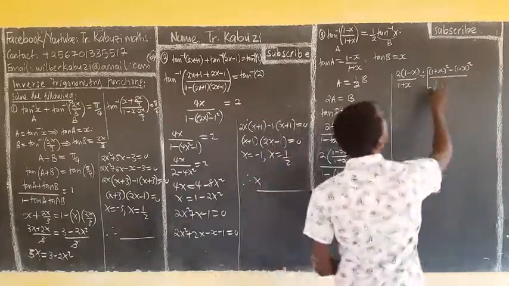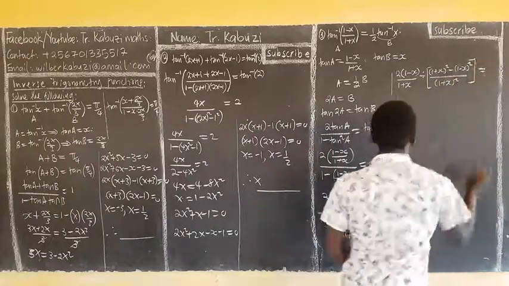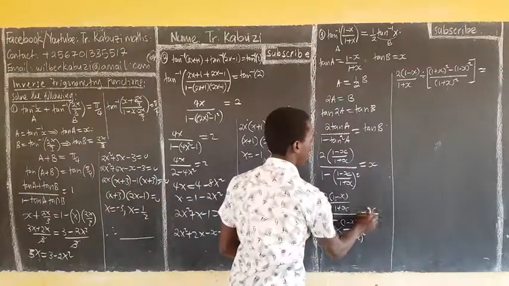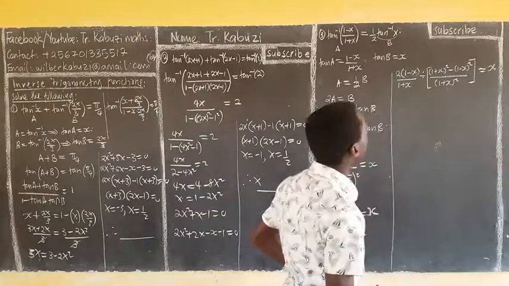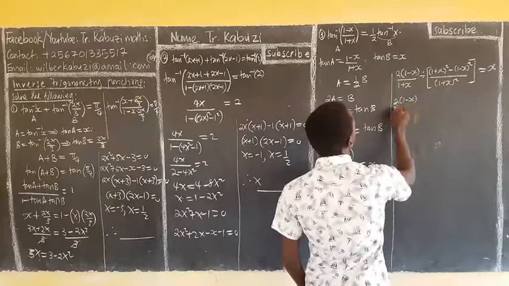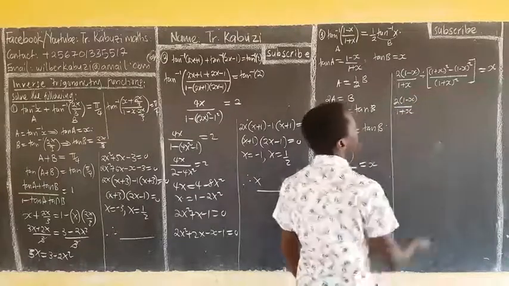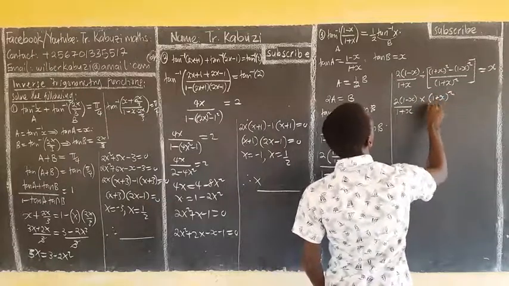Now the whole of this is equaling to x, not 1. It's equaling to x. Okay, so here we have 2 into 1 minus x over 1 plus x. Then I can get a reciprocal, so this will be times 1 plus x, the whole squared, over.